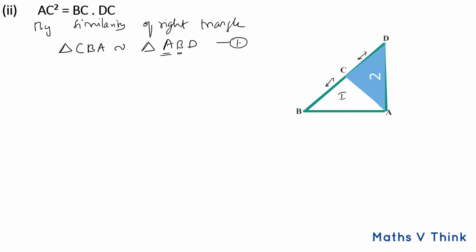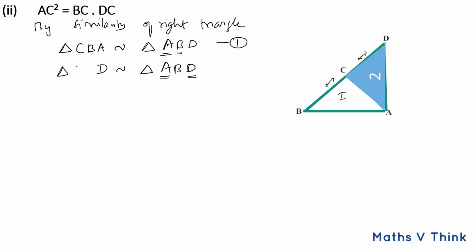Now compare the second and the whole triangle. So first write the whole triangle ABD. We know angle D is common in second and the whole triangle, so write angle D. And in the first, you see here angle A is 90 degree, and in the second triangle angle C is 90 degree.